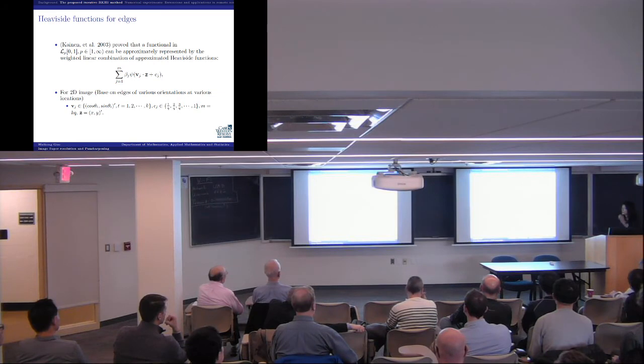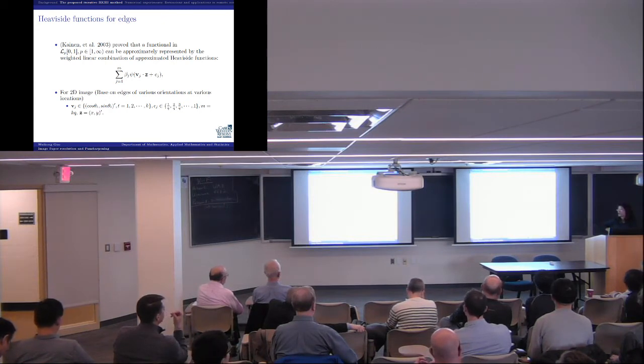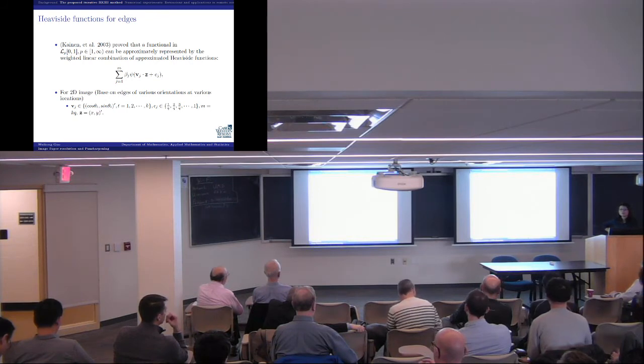So what we're going to do is use this, because in images, our intuitive motivation was that we want to recover and preserve edges, and the RKHS is just not enough for us yet. So we're going to add this Heaviside function onto the RKHS.